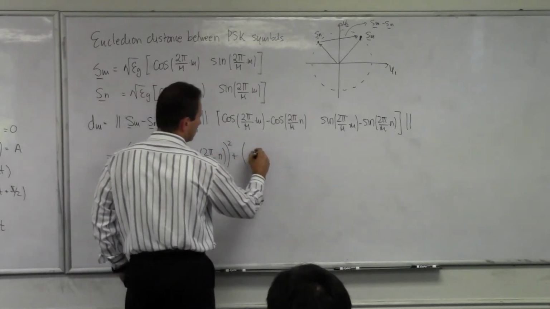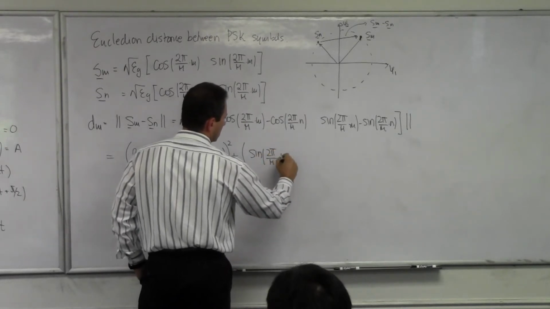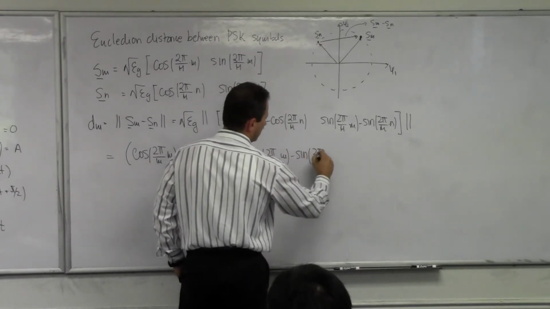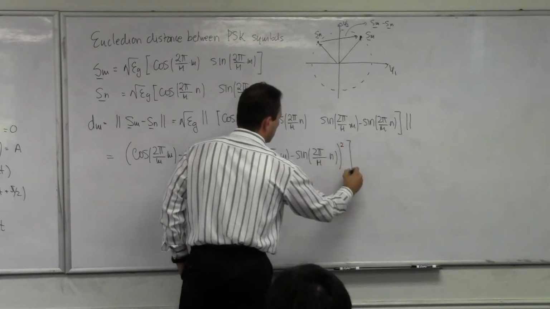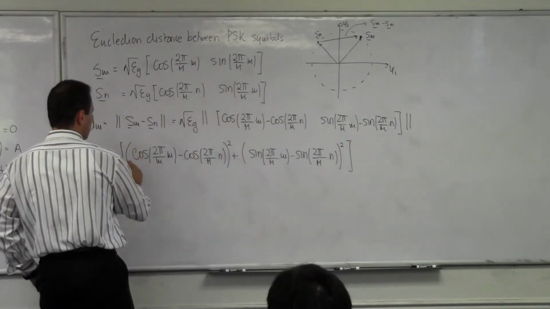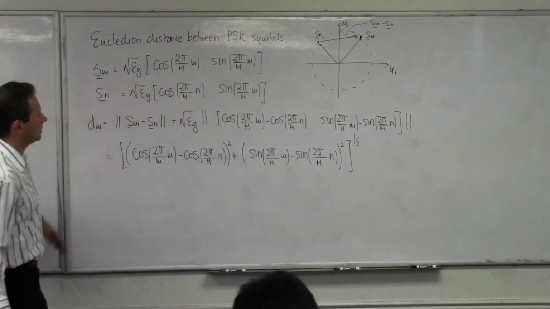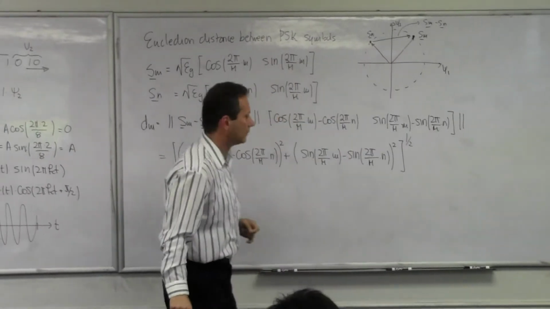Plus the second coordinate is sine 2 pi over M times m minus sine of 2 pi over capital M times n, and then that squared, and then I have to take the square root of the sum of the squares, right? That's the length of this vector here.